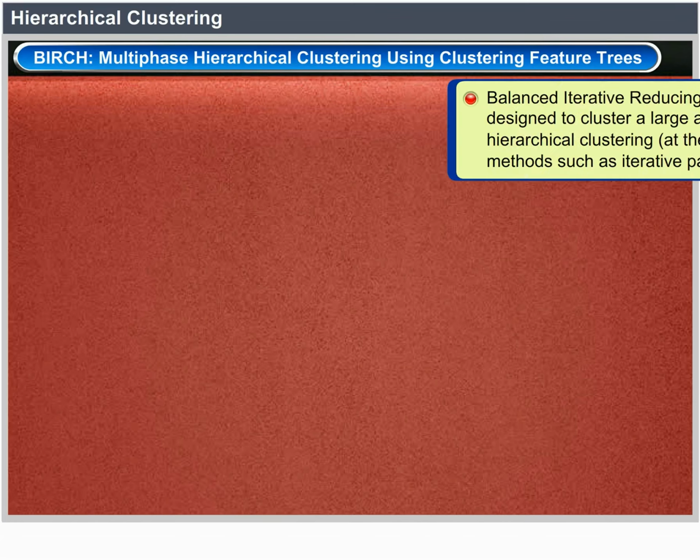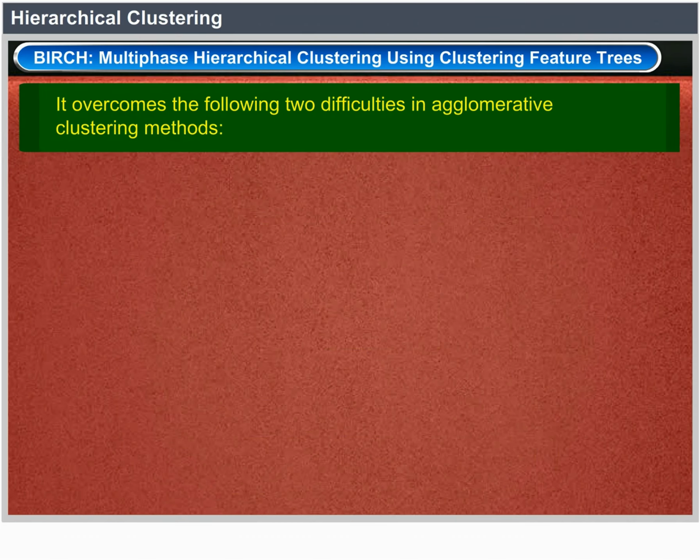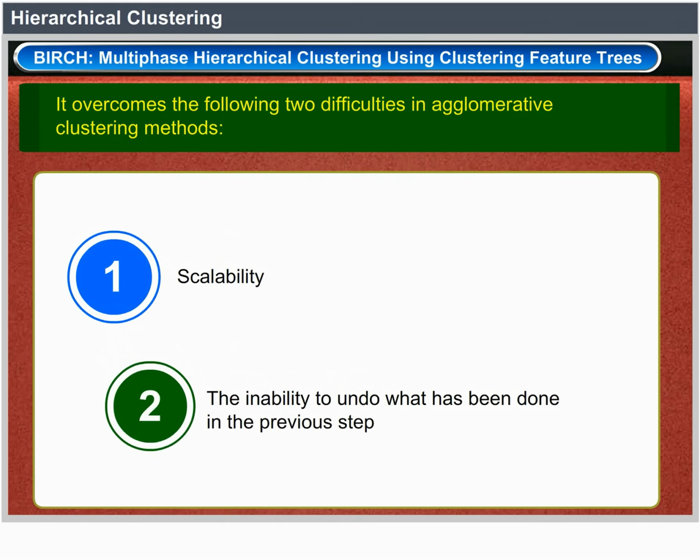Balanced Iterative Reducing and Clustering using Hierarchies, BIRCH, is designed for clustering a large amount of numeric data by integrating hierarchical clustering at the initial microclustering stage and other clustering methods such as iterative partitioning at the later macroclustering stage. It overcomes the two difficulties in agglomerative clustering methods: scalability and the inability to undo what was done in the previous step.